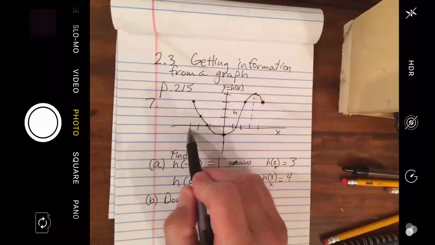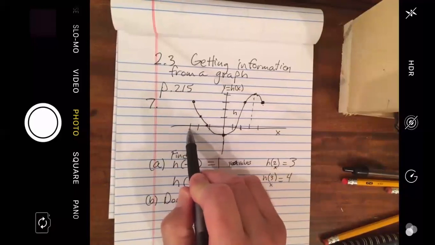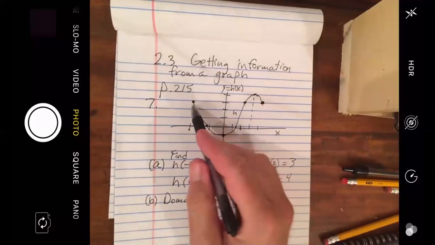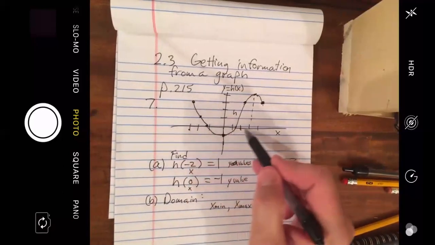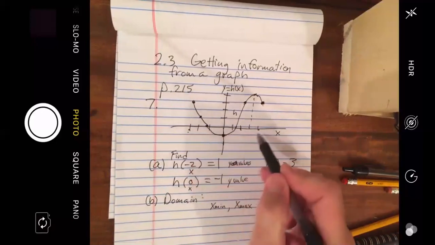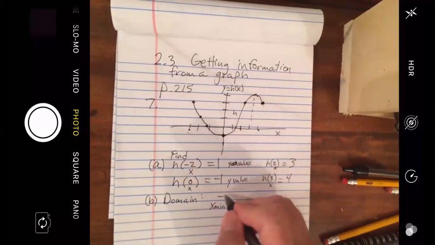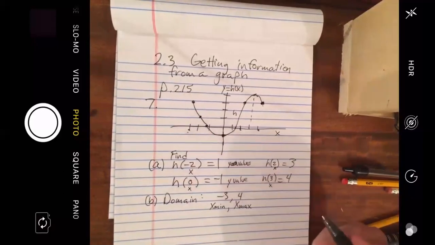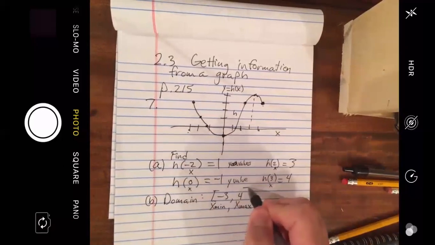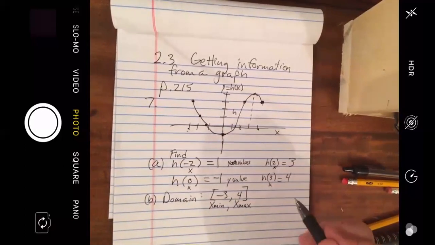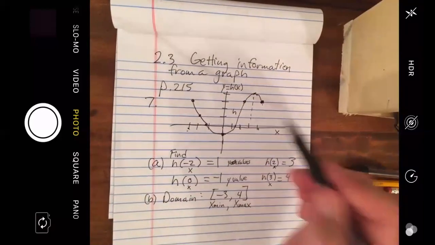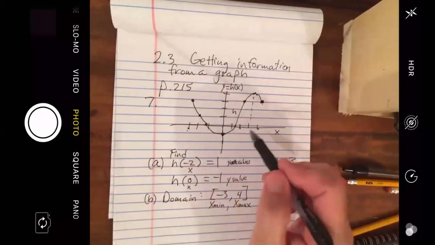Well, it stops here at -3, closed circle, put a bracket there, and it goes all the way to +4. So it covers x's between -3 and +4. And with closed circles on both ends, that would put brackets. So it has all x's between -3 and 4, including -3 and 4.